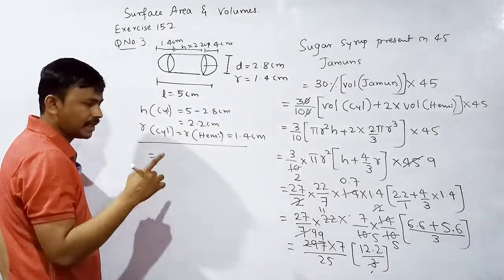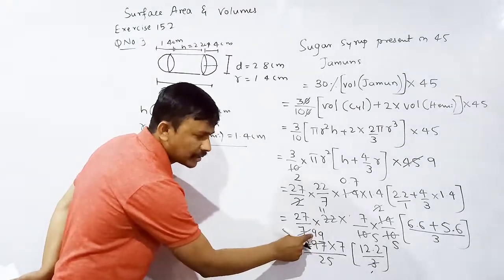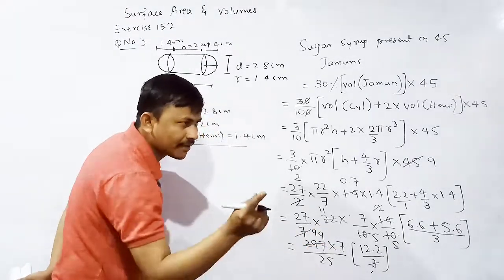What is 99 into 7? Take it as 100, not 99. 100 into 7 is 700.